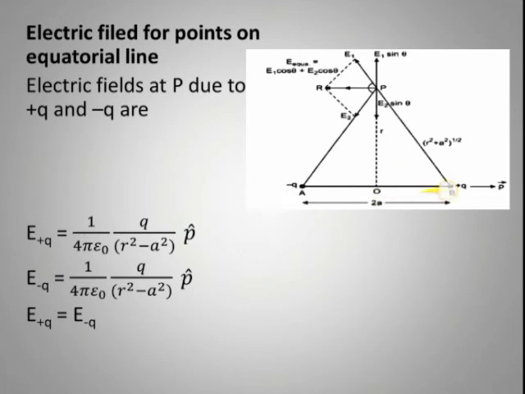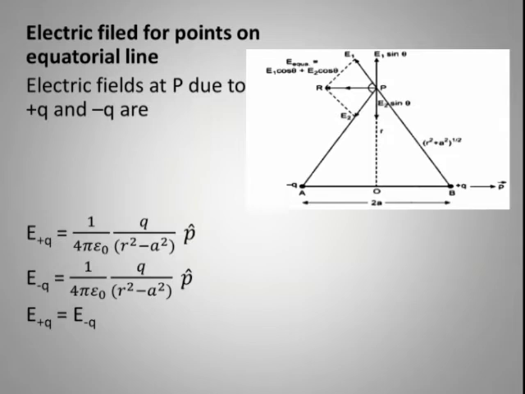So this side of the triangle is a. So a square plus r square is equal to the square of the hypotenuse. I take it onto my right hand side, and I get r square plus a square. But what about the square of the hypotenuse?